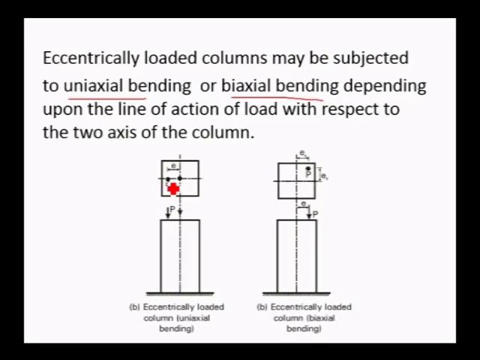It is actually away from the centroidal axis. It coincides with the horizontal axis, but from the vertical axis it is away. In this situation, P will be acting at a distance of E. Therefore, the moment P into E is the additional moment acting on this column. This type of loading is known as uniaxial bending.